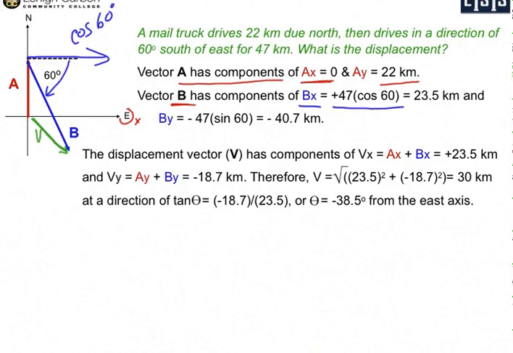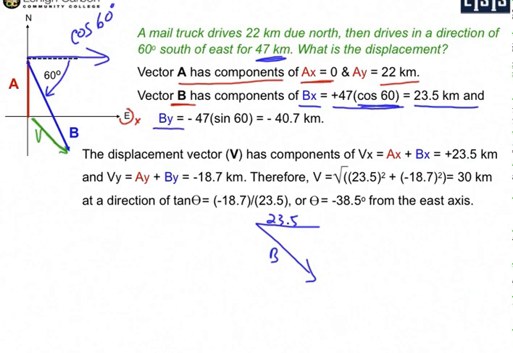We know we traveled 47 kilometers in B, but that x component is going to be factored by the cosine of 60. So you end up only going 23.5 kilometers in the x direction. So we have 23.5 going this way.